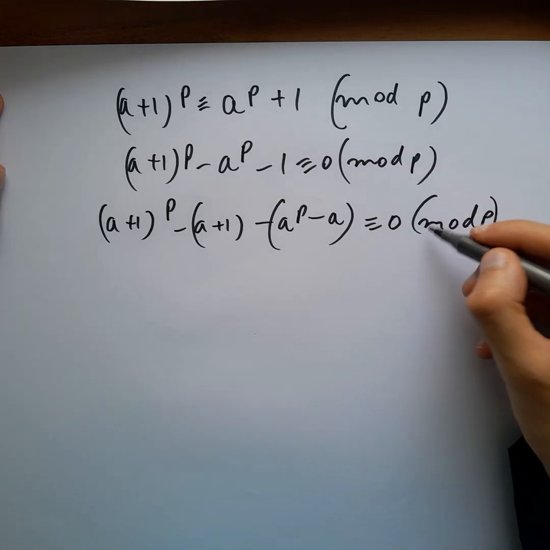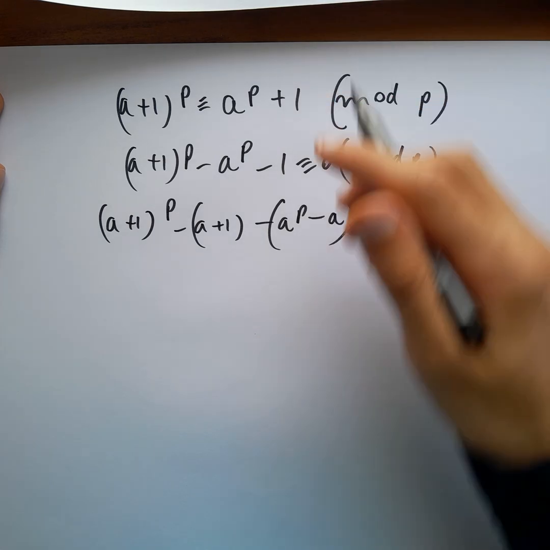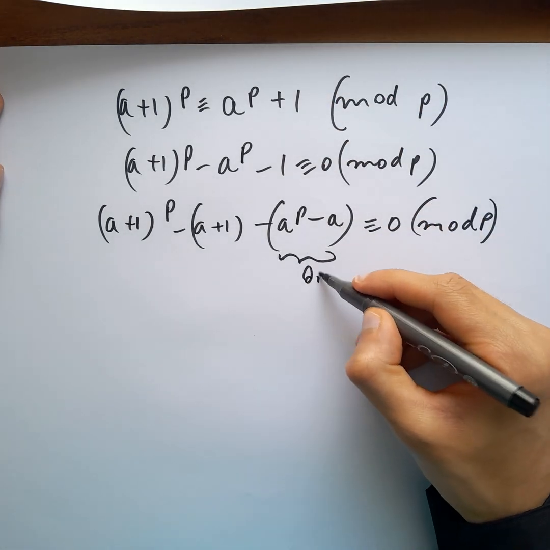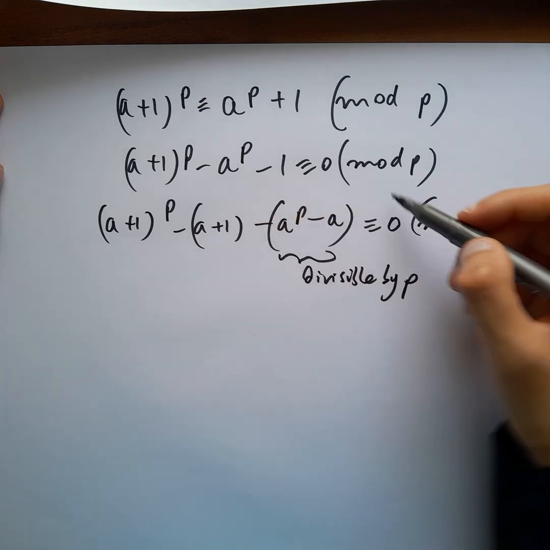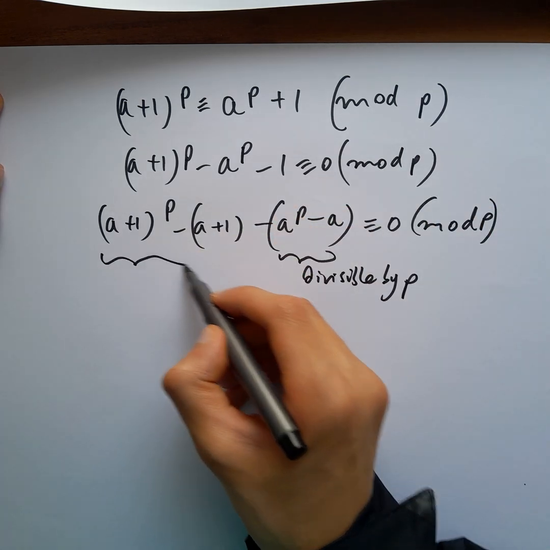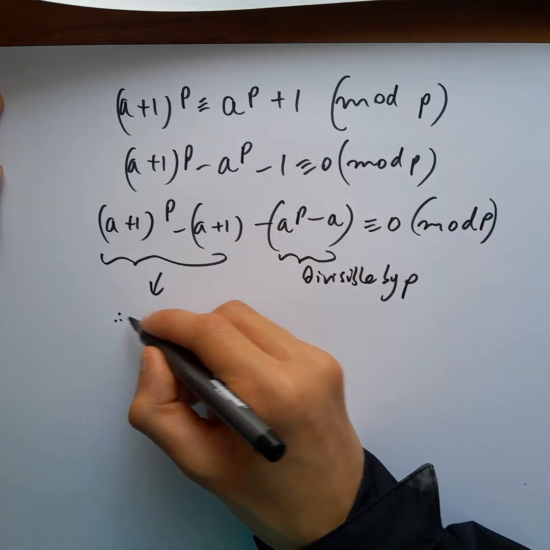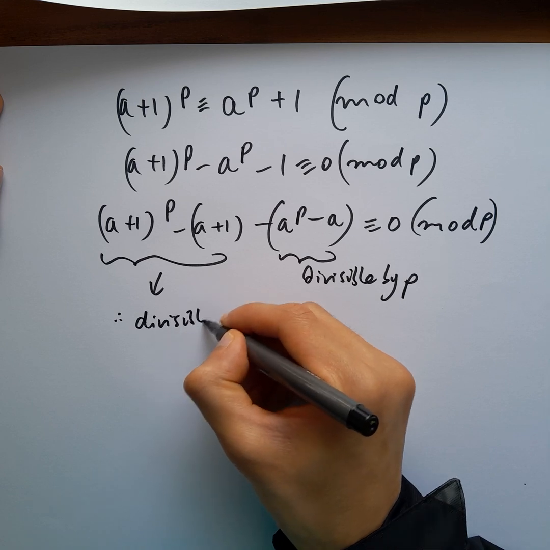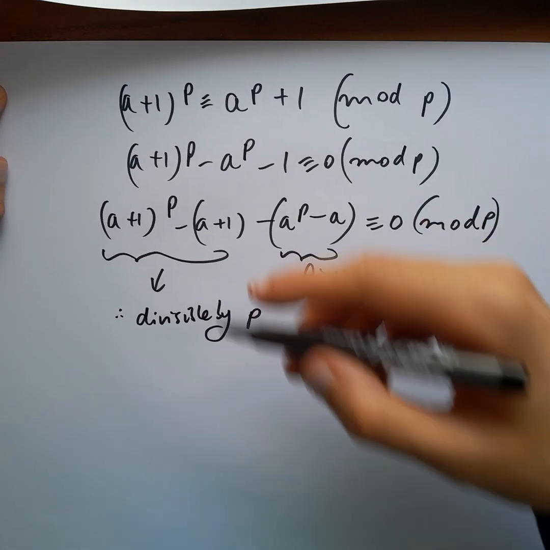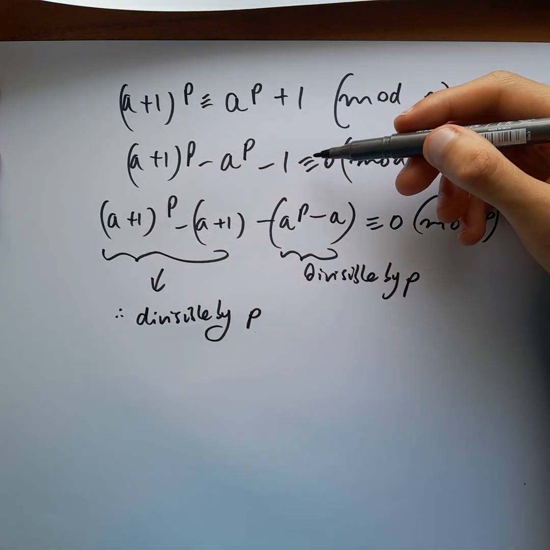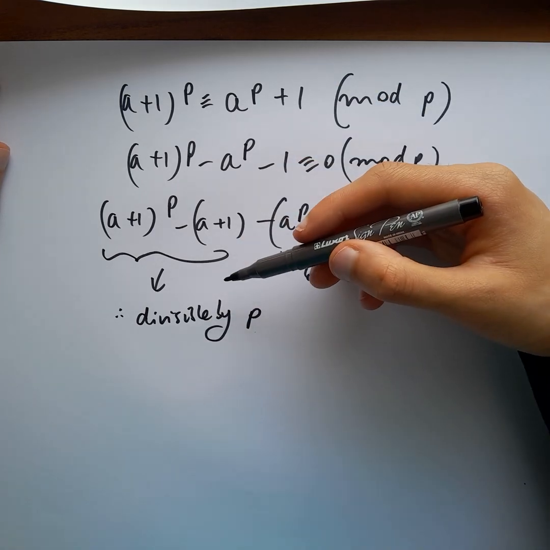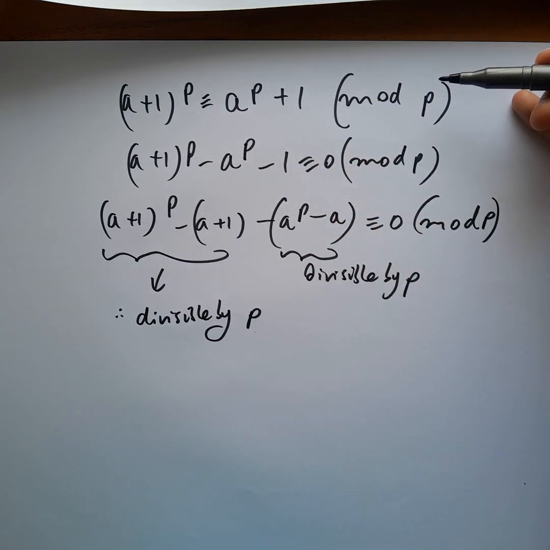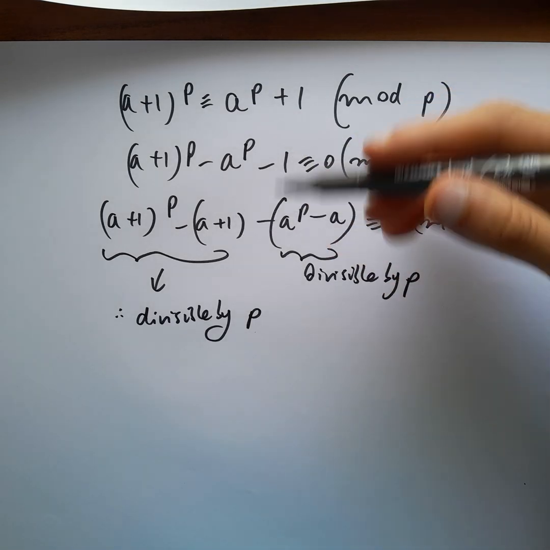And since we have assumed inductively that a^p - a is divisible by p, and this whole expression is divisible by p, therefore this is divisible by p. This closes the induction and shows that Fermat's little theorem is true for all positive integers a for whatever prime p we choose.